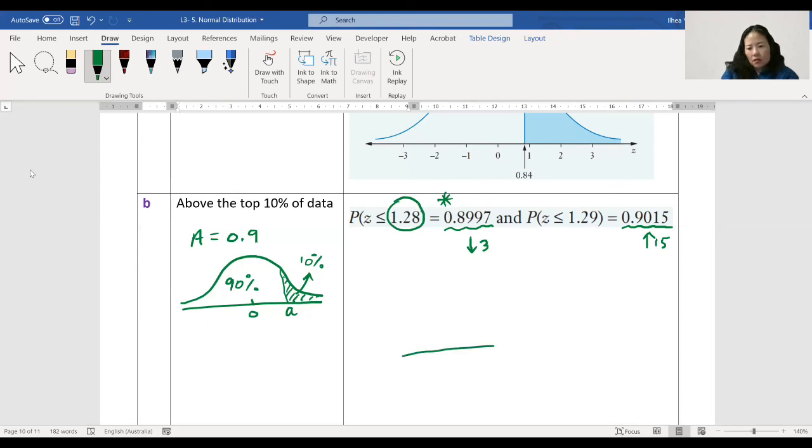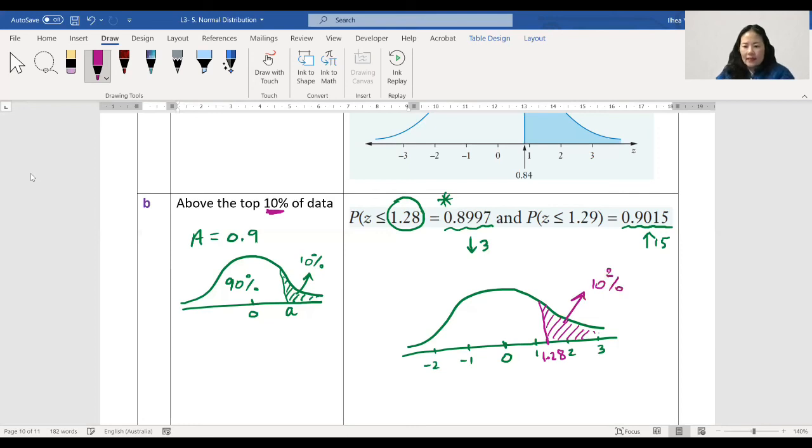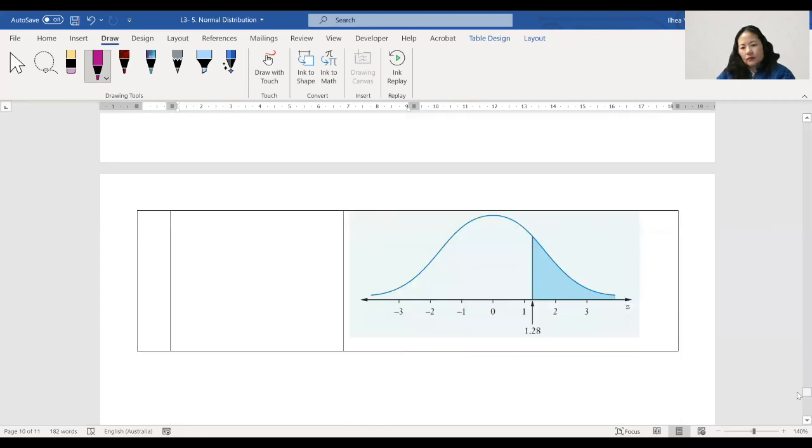So my sketch bell curve is, that will be 1.28. And of course it's a top 10%, so it's on my right hand side. That's my 10%. So if I did this nicely, properly, I will have it like this.